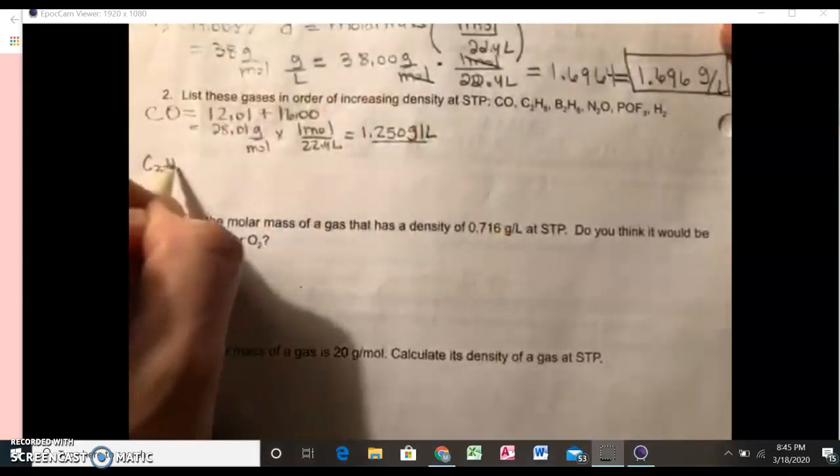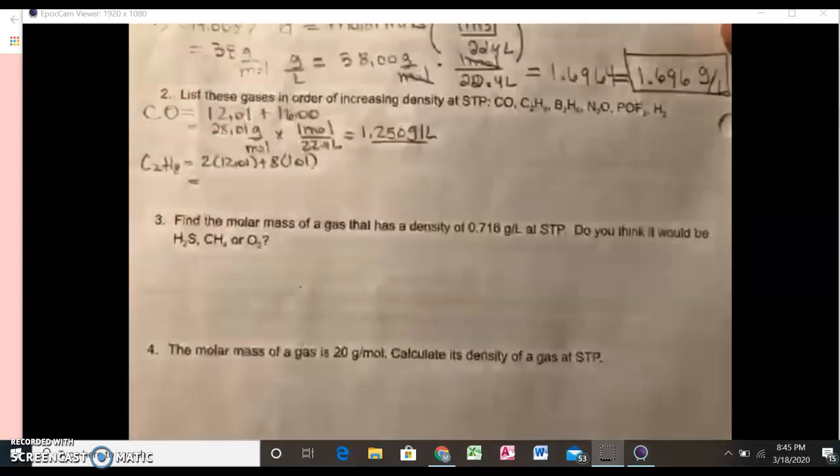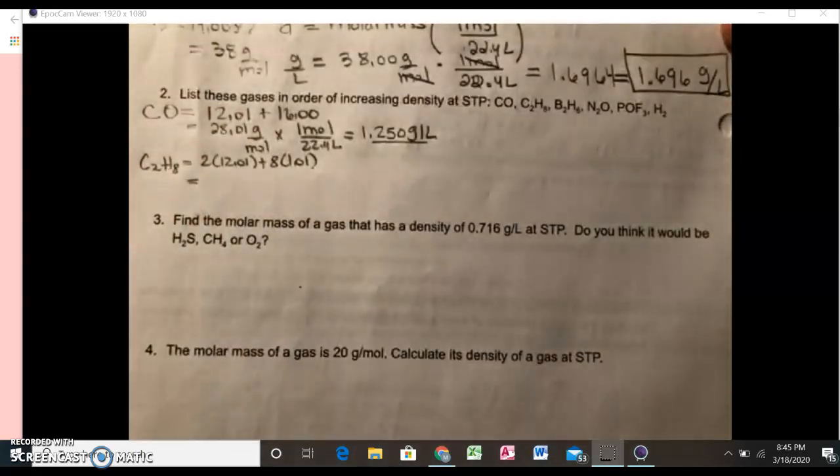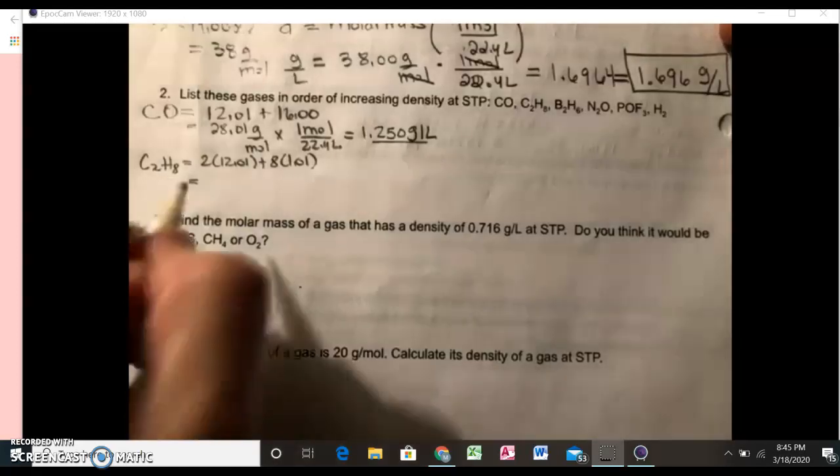For C2H8, 2 times 12.01 plus 8 times 1.01, we end up with 32.10 grams per mole.